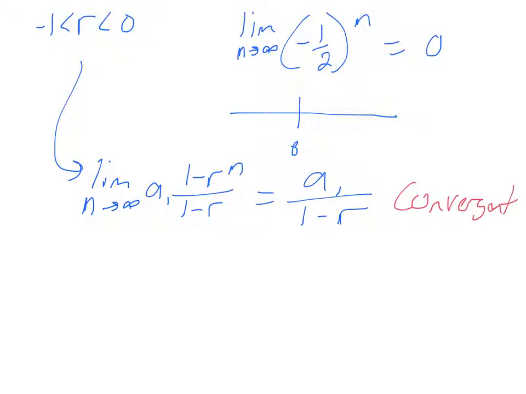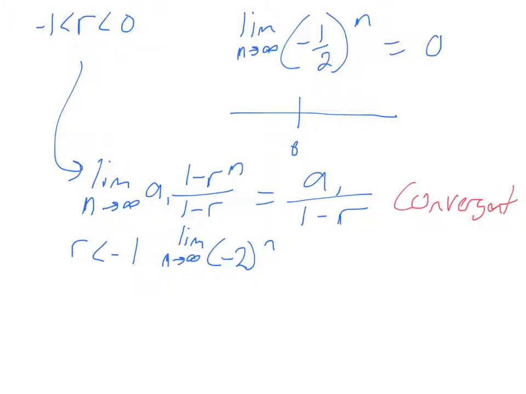And lastly, the last scenario, well, what if r is less than negative 1, right? So what if it's like negative 2 to the n? Well, if it's negative 2 to the n, what's going to happen? It's going to do this same thing where it's going to be going between opposites.